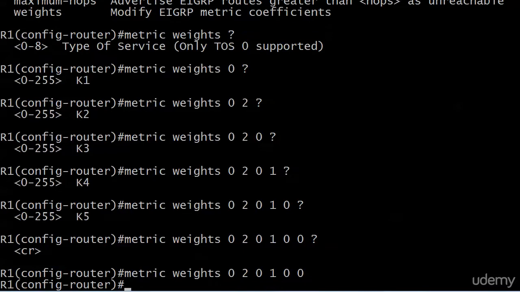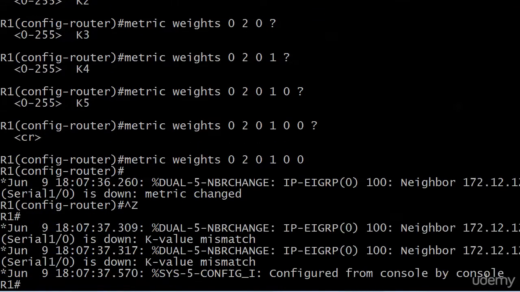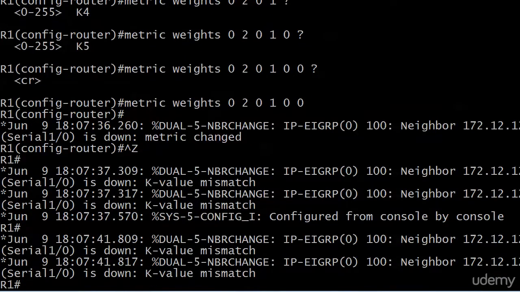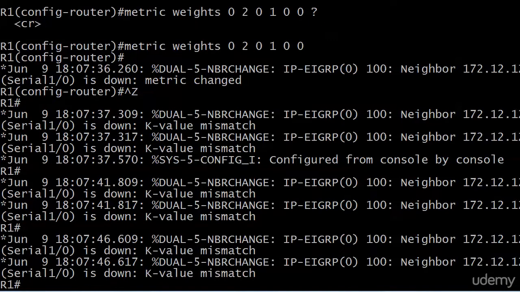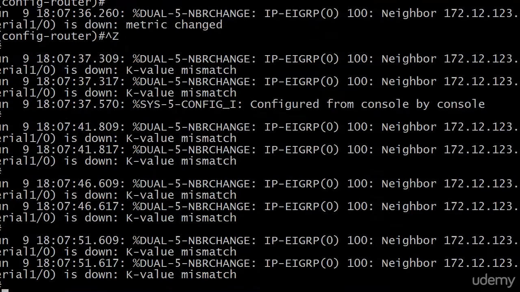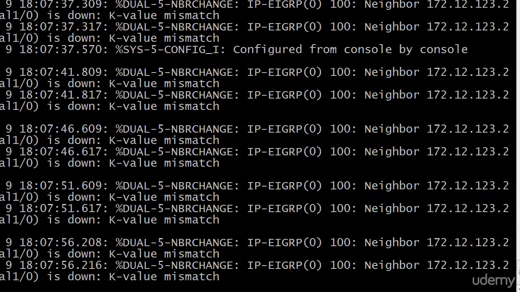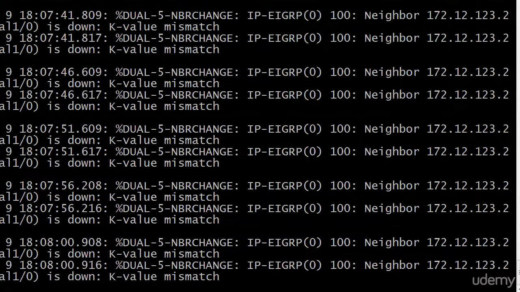So I just punch that in, and I immediately get all kinds of rude messages. Let's see, the metric, wow, this doesn't look good at all, does it? We got all kinds of DUAL neighbor changes, and by the way, these are all from or involving 123.2, because when I took 123.3 out of the lab in the last video, the one for passive interface, I haven't brought it back in yet.